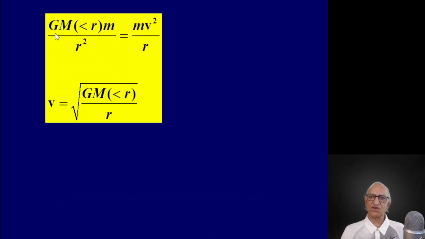We said if you're inside the galaxy, G times the mass interior, capital M of less than r, multiplied by small m, divided by r squared, is equal to the centrifugal force. Therefore, the circular velocity or the orbital velocity is the square root of GM over r, where capital M is the mass interior to the radius r.